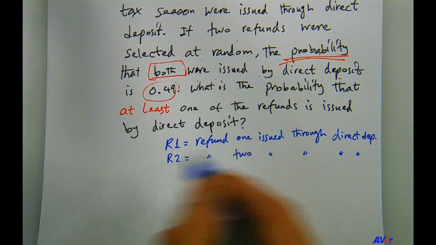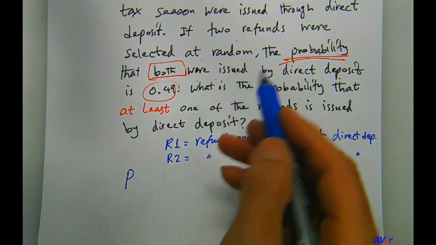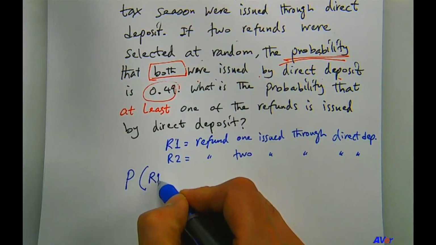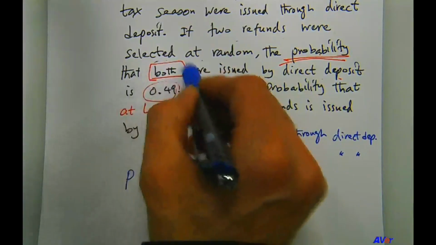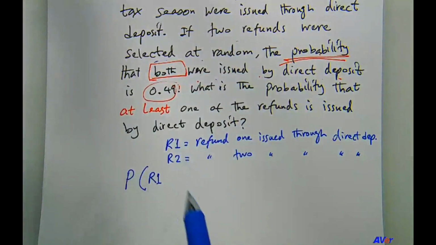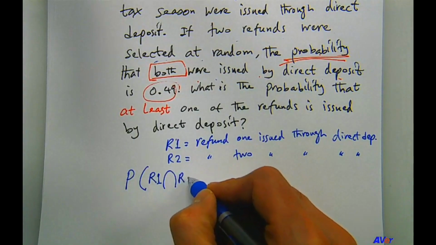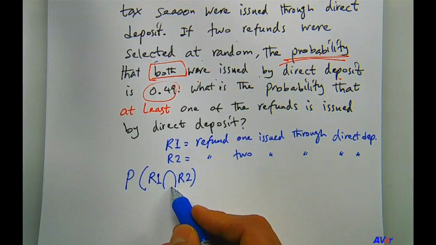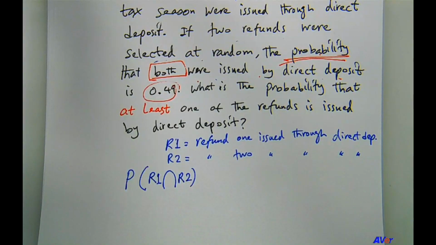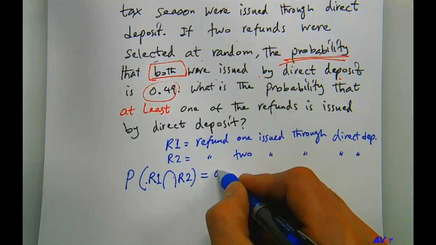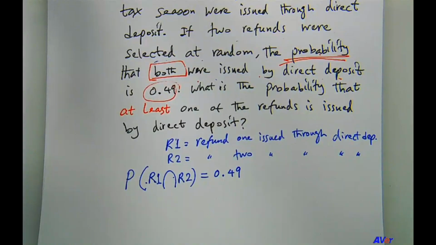Well, probability, that's P, and we just assigned those refunds variables. It's talking about both of them, so refund 1 intersection refund 2. That's how we translate in this probability context: the intersection is a translation of the word both. So the probability that refund 1 and refund 2 were issued through direct deposit is 0.49.